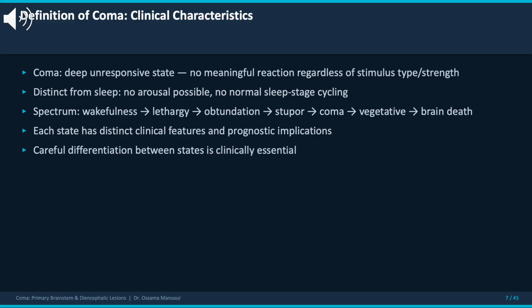What fundamentally distinguishes coma from sleep is the combination of complete lack of reactivity to external stimuli and the absence of the normal cycling between sleep stages that characterizes physiological sleep.